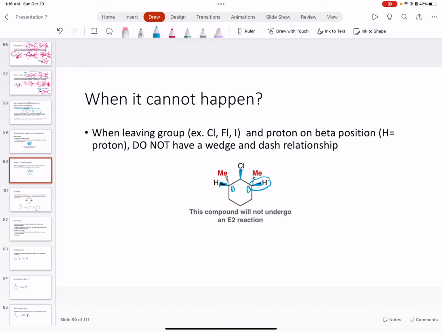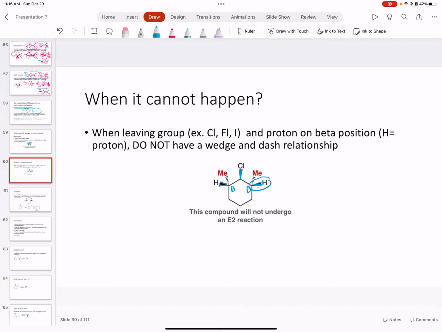So some reminders: Zaitsev is the more substituted alkene, and Hofmann is the less substituted alkene. When our base is not bulky or not sterically hindered, then our major product is Zaitsev. Some bases that are not sterically hindered are like NaOEt and NaOH, and remember Na is just a spectator.